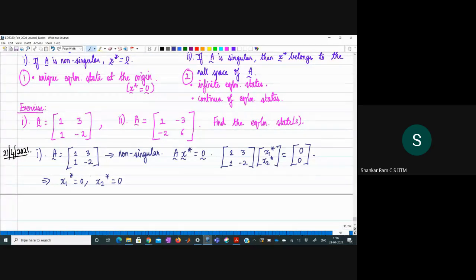That is the only possibility in this particular case, which you can easily establish by solving these two equations and determining that both components of the equilibrium state, x1 star and x2 star, have to be 0. There is no other choice. So this implies that the equilibrium state x star is equal to 0. So we have a unique equilibrium state at the origin.